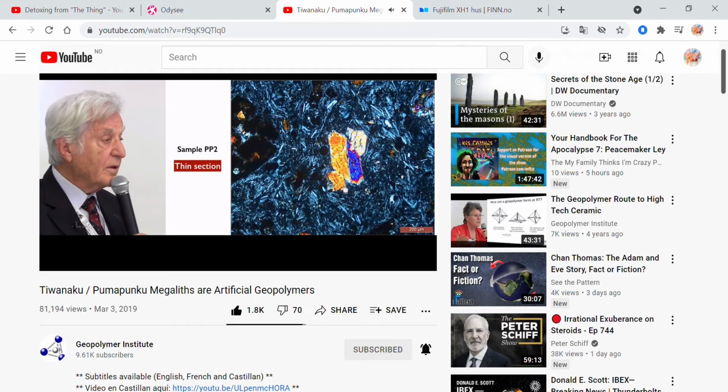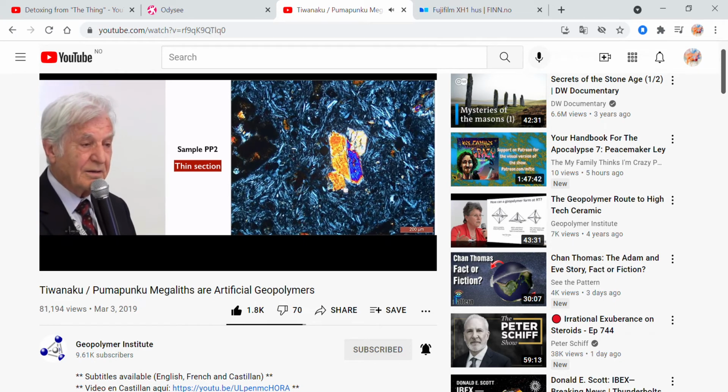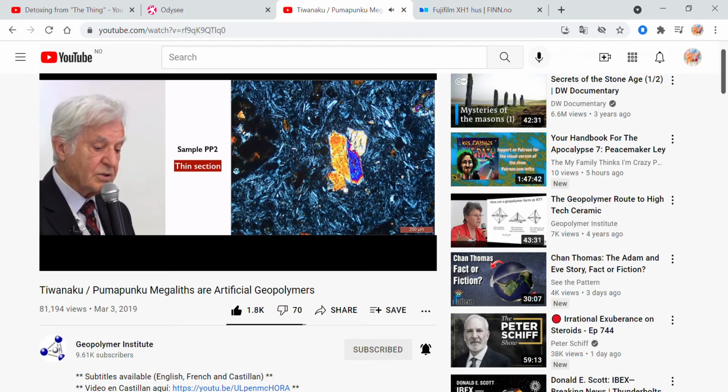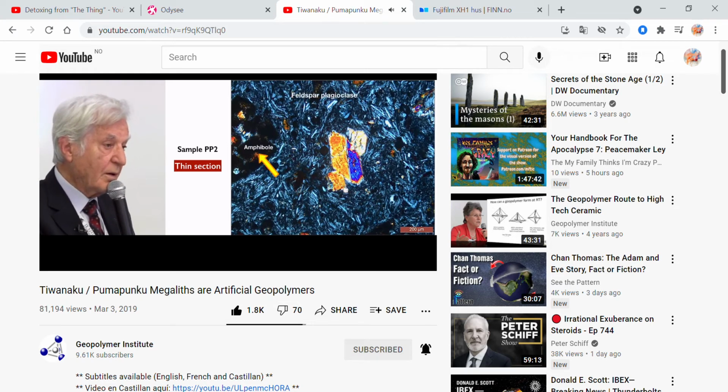Looking at the thin section, it is beautiful under the polarizing light, better than sandstone. You see in white the minute plagioclase feldspar crystals. Then here the big amphibole crystal, these are minerals, pyroxene.